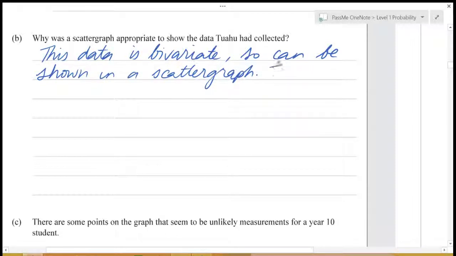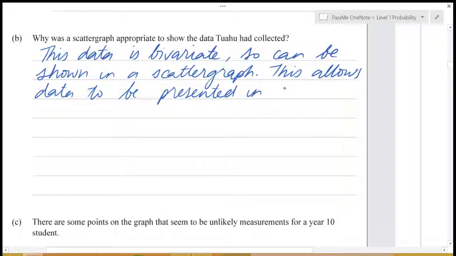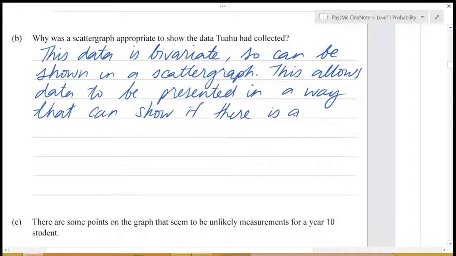And this allows data to be presented in a way that can show if there is a relationship between arm span and height.